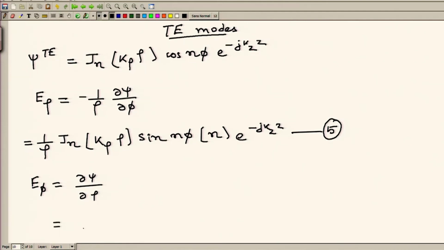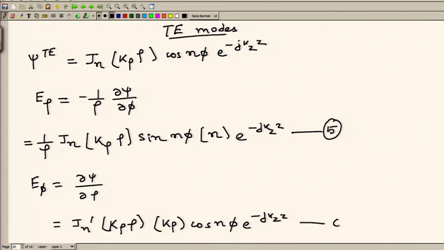So, we will get J n prime k rho times k, then cos n phi e to the power minus j k z z. So, this is equation number 6.